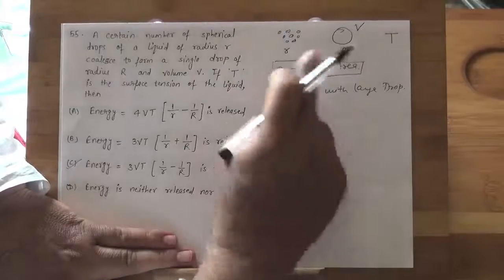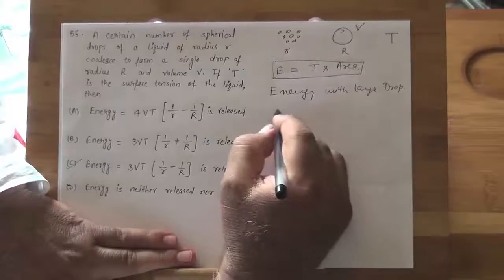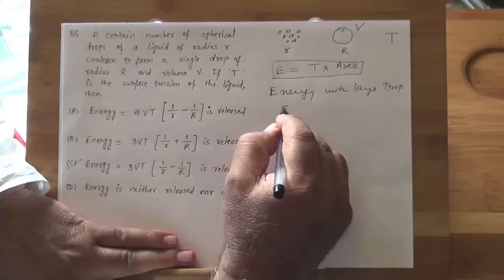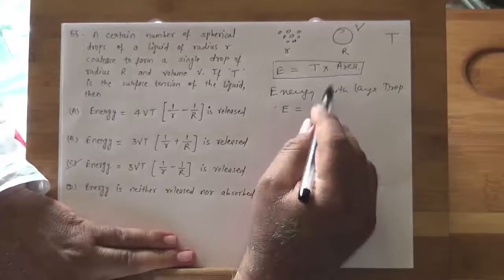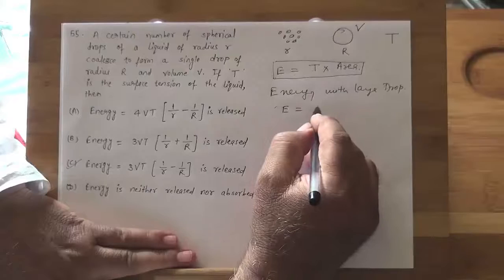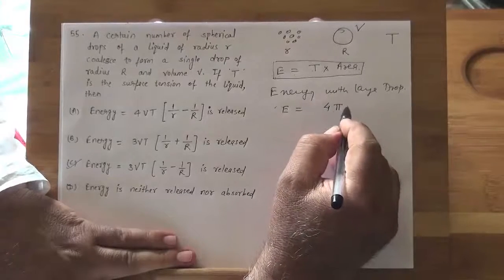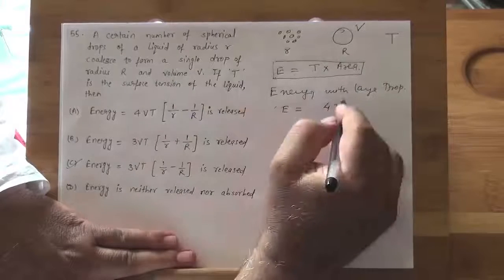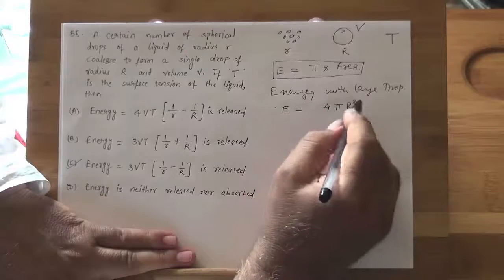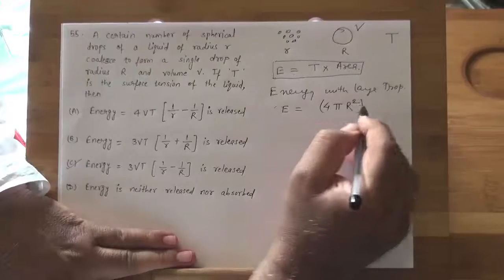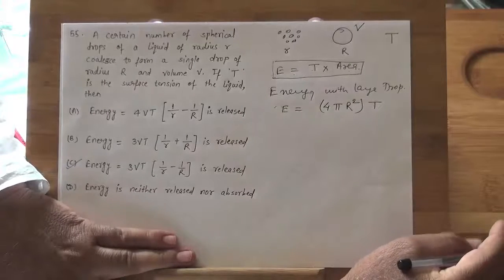So we will take one surface area only. So how much is the energy E with this? Surface area is 4 pi R square and the tension is T. 4 pi R square into T. This is the energy with it.